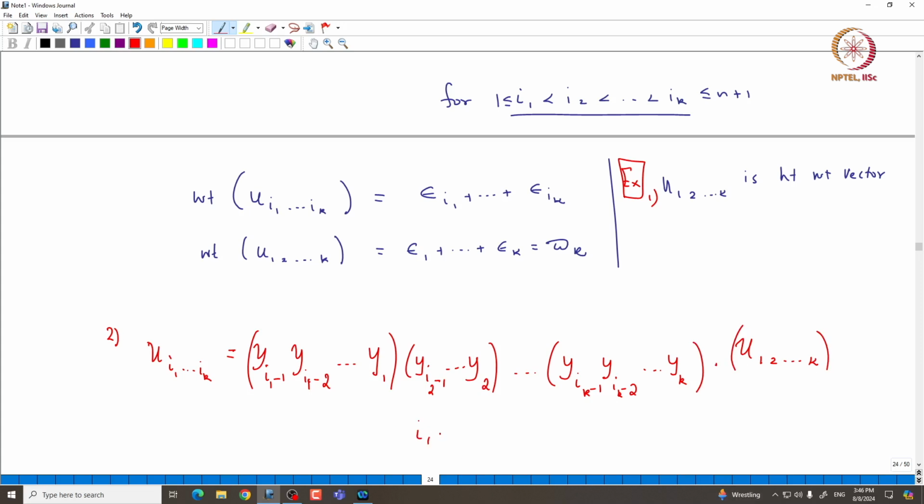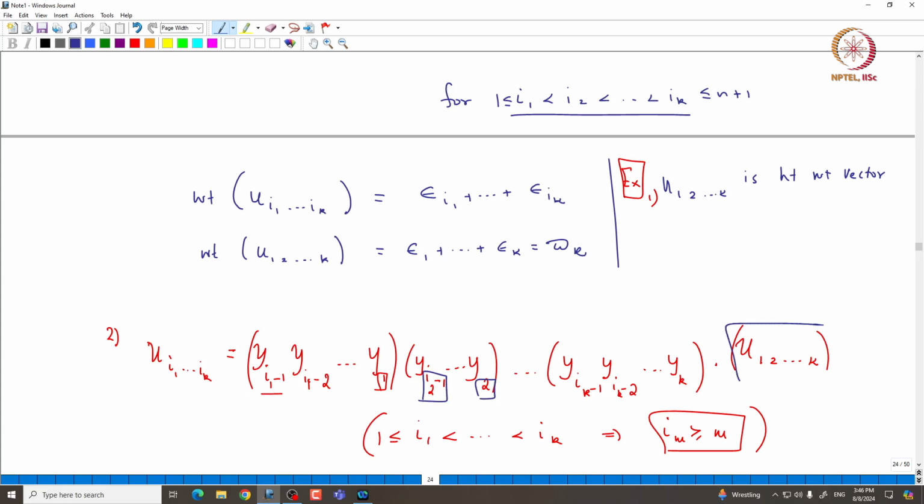Note that i 1 being strictly less than etc. strictly less than i k implies i m is greater than or equal to m, okay. So that is why you are going from i 1 minus 1 all the way to 1, and then i 2 minus 1 all the way to 2, and so on.